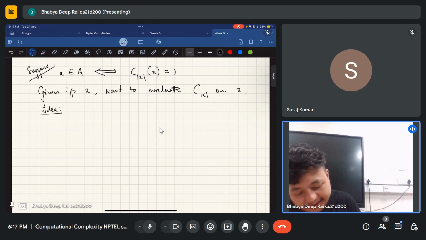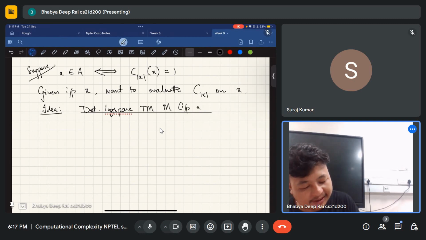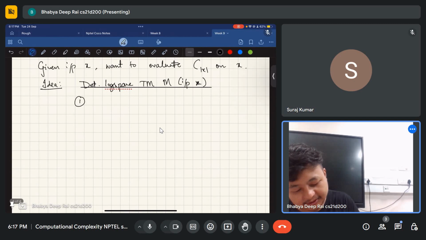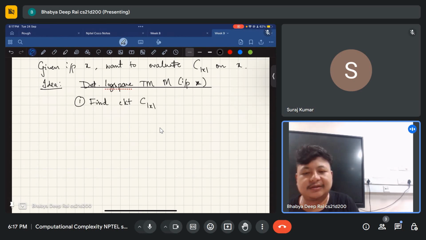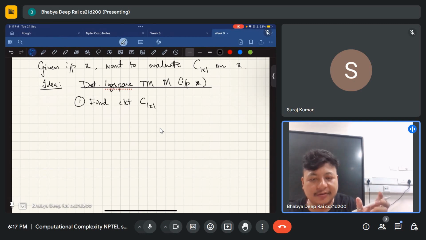Okay, so here is the idea. I have a deterministic log space Turing machine M, and what is the input? Input is some X. First step, what I do is find circuit CX. I look at the length of X and compute the description of the circuit.